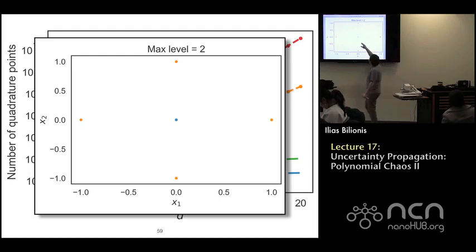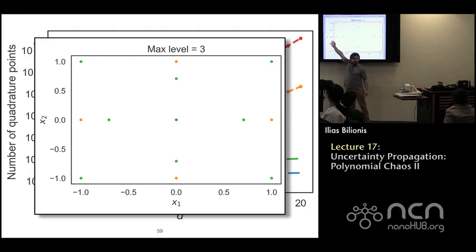Then you see that for level 2, the blue one is going to be in there. This is the level 1 rule, so I keep it there, and I just add the new points. And when I go to level 3, the basic unit has these 2 additional points, and it also keeps all the rest. These 2 more points contribute the other green points.